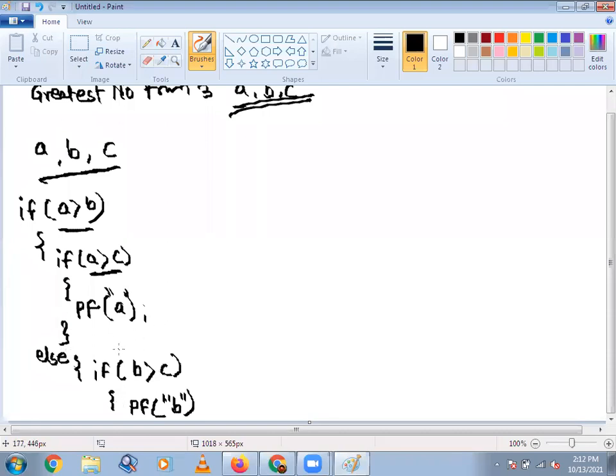Suppose this condition becomes false, then else I will check.